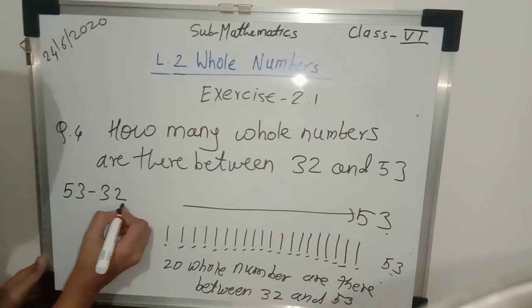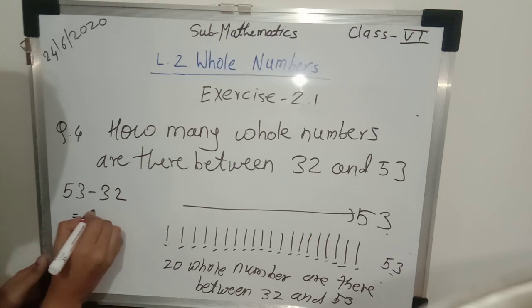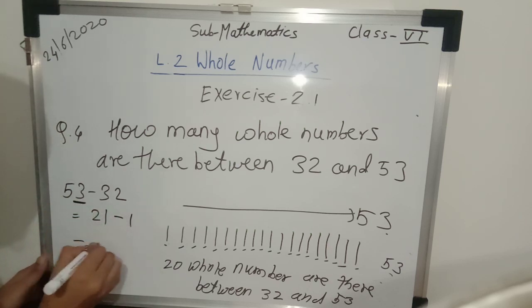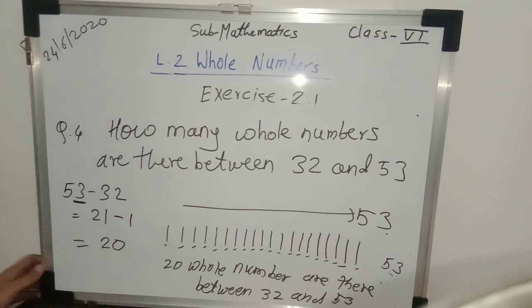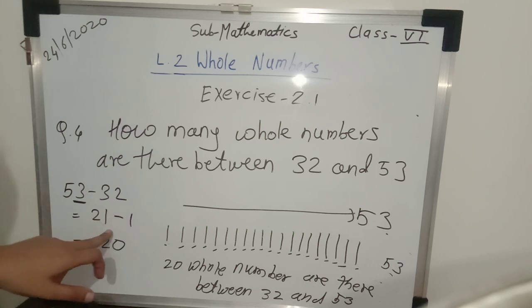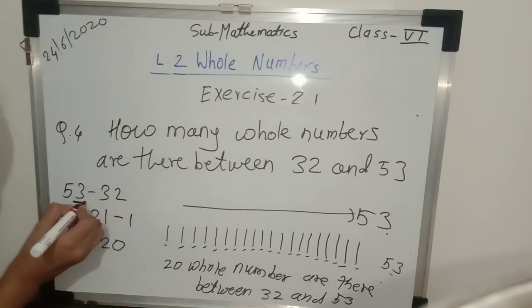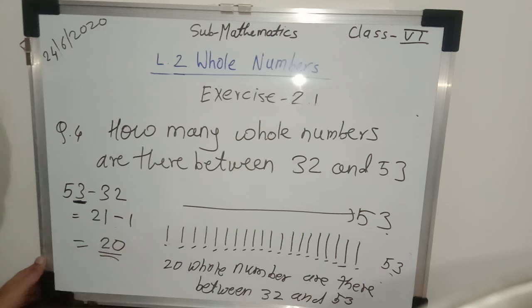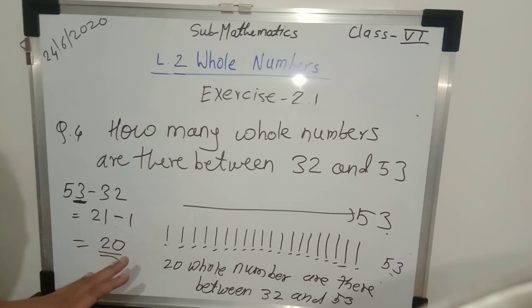We get 21, and we subtract 1 and get 20. From 32 to 53 the difference is 21, but we are not supposed to consider the end number, so we subtract 1 and get 20. Both methods are very simple for finding the numbers in between. So 20 whole numbers are there between 32 and 53.